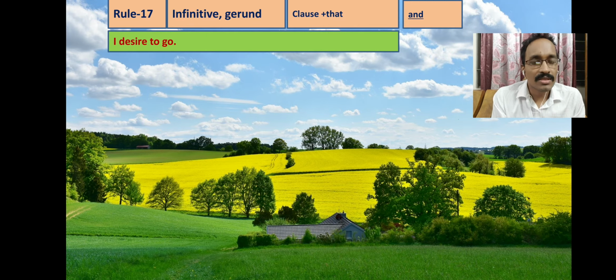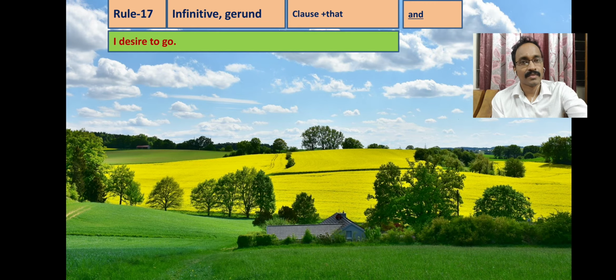So here you see the first example, there is one infinitive. I desire to go. To go is an infinitive. Now, to go, this portion will be made into a clause. How to do it? We will use that.